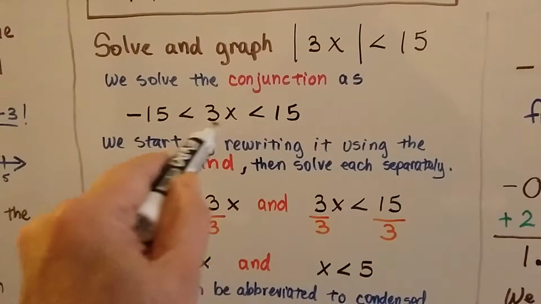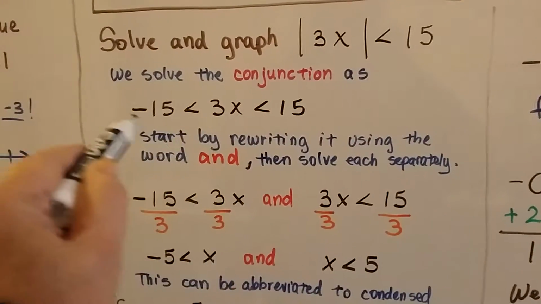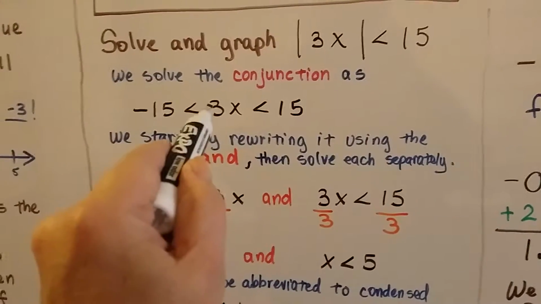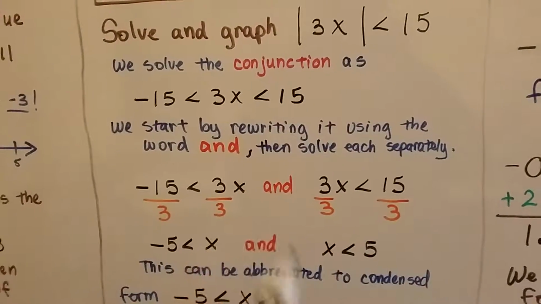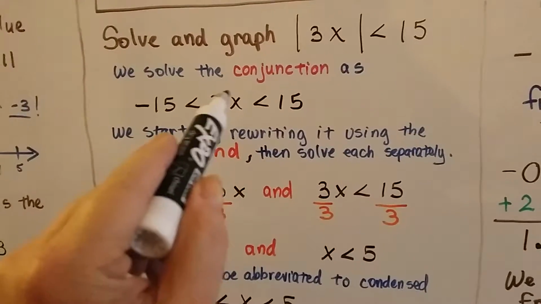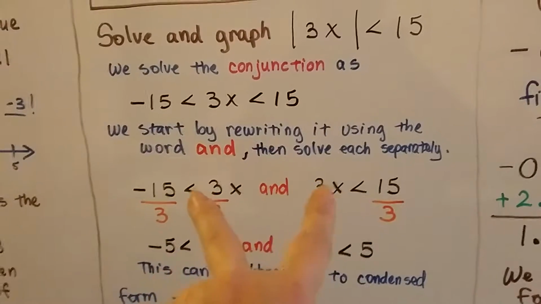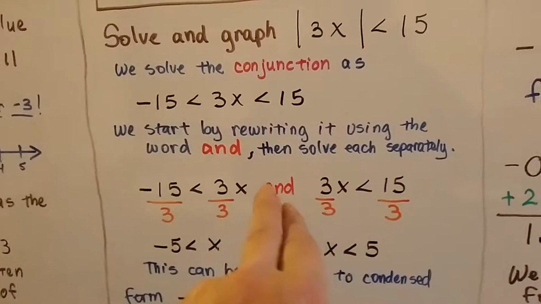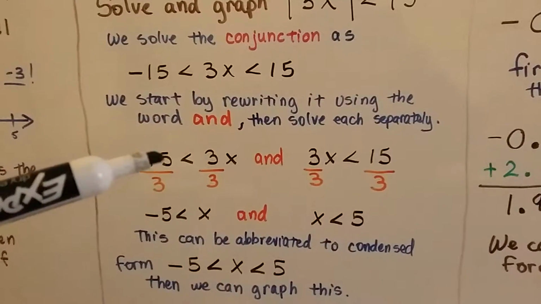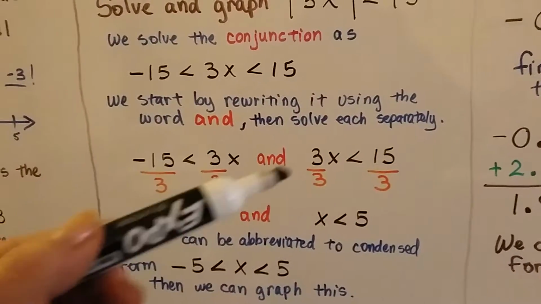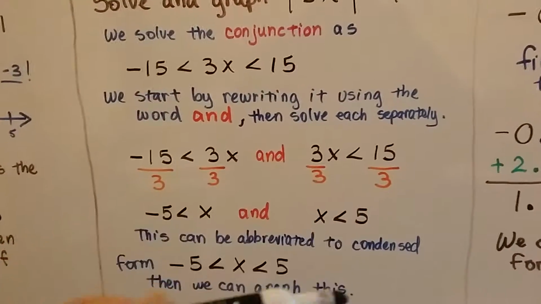So we've got this side, negative 15 is less than 3x, and then this side, 3x is less than 15. We put and in the middle. See how there was one 3x in the condensed form, and when we opened it up with and, there's two 3x's with the and in the center? See that? So now we've got negative 15 is less than 3x, and 3x is less than positive 15.